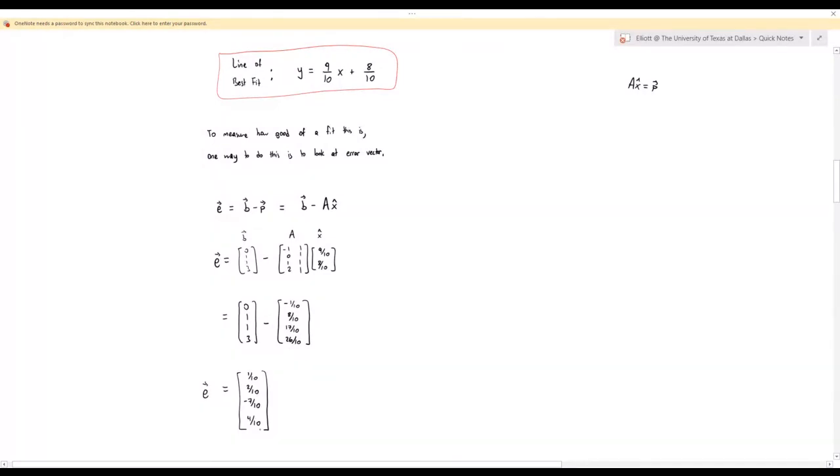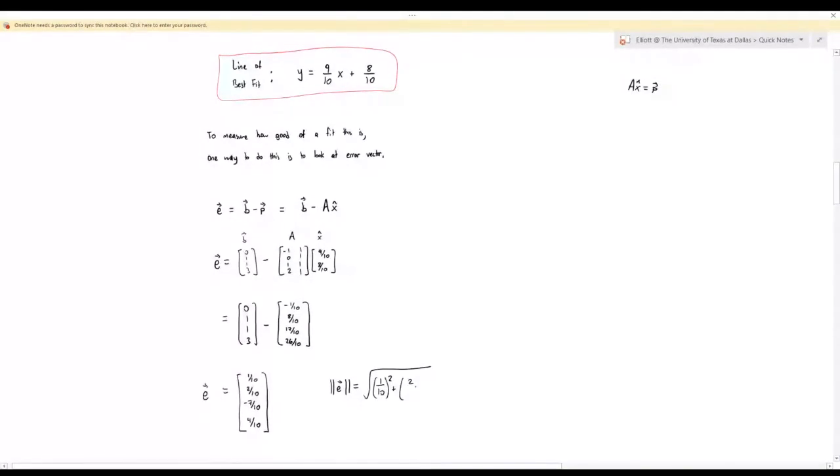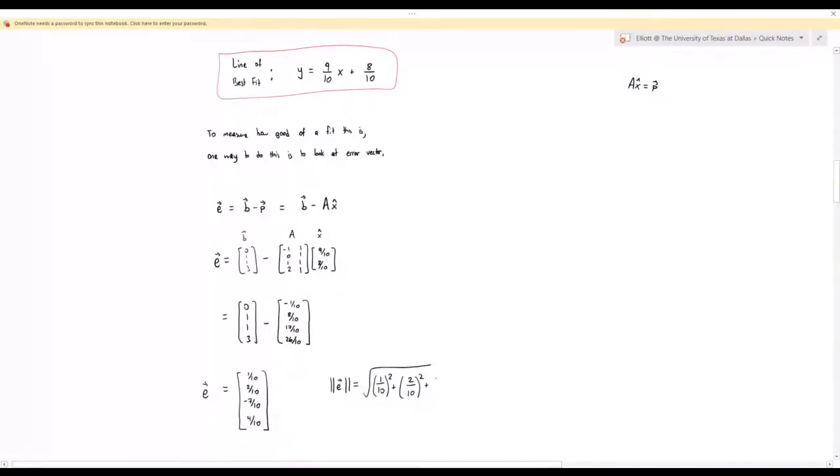What might be of interest is to calculate the magnitude of the error vector to get a sense of how large the error is. The magnitude would be the square root of 1/10 squared plus 2/10 squared plus negative 7 over 10 squared, and finally plus 4 over 10 all squared.